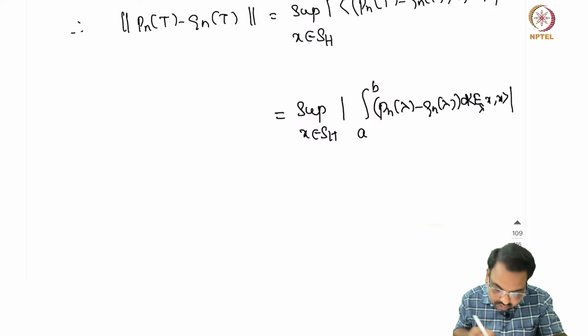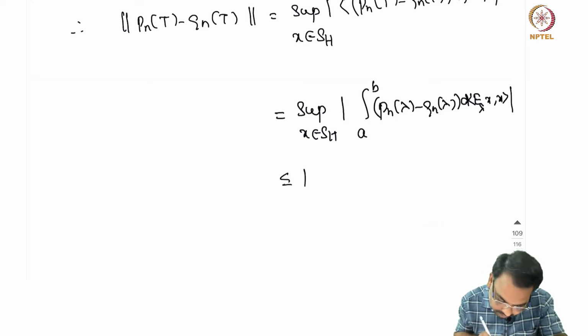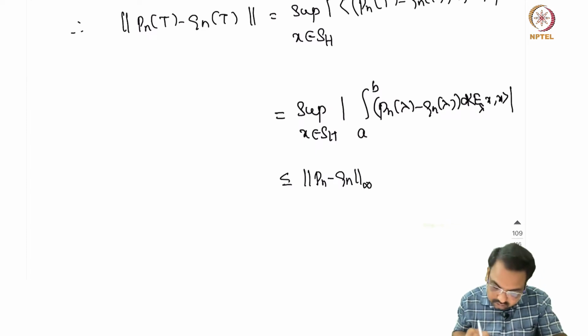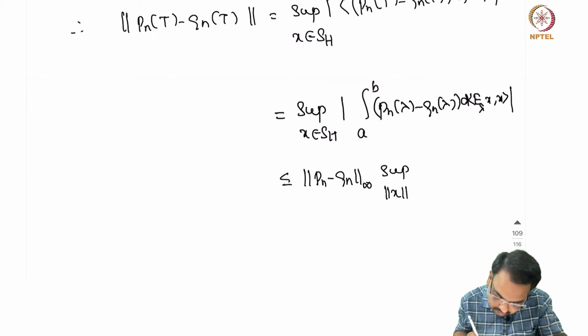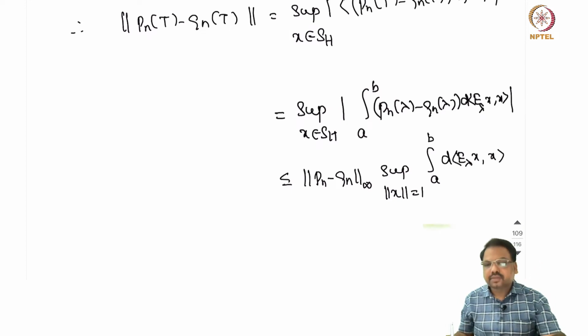Okay, now this is less than or equal to the supremum norm of Pn minus Qn, times the supremum over norm x equal to 1 of the integral from a to b of dE lambda x inner product with x. But this is nothing but the identity operator: the integral from a to b of dE lambda x inner product x is the inner product of I x with x.